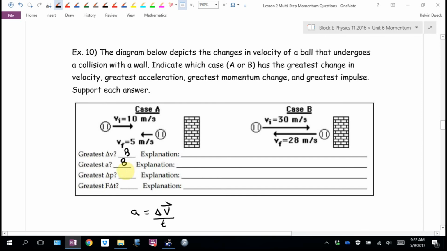B, because the biggest change in velocity, same mass. Which one's going to have the biggest force times change in time? Isn't that just another way to write impulse? B. If the time of impact was the same, which one underwent the biggest force? B, because the only way you can get that big an impulse with the same amount of time is to apply bigger force.